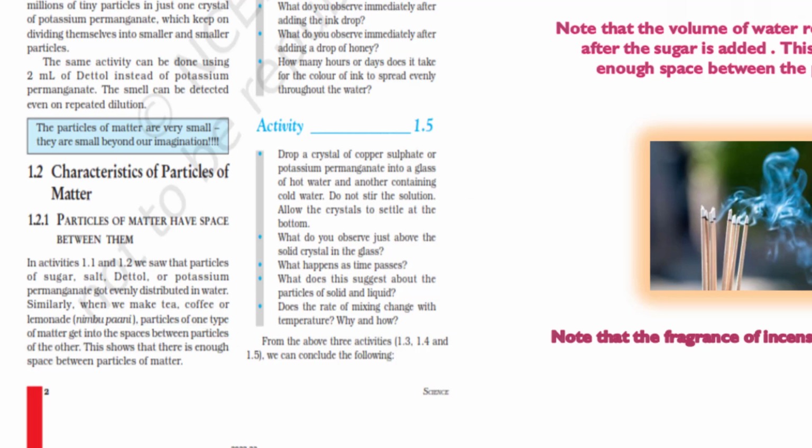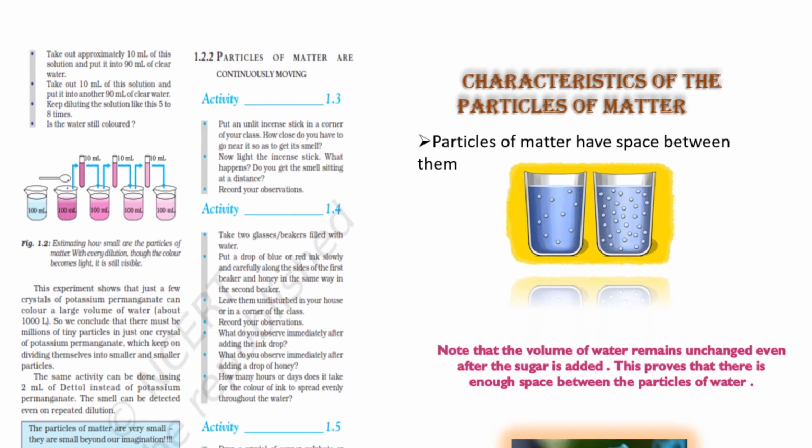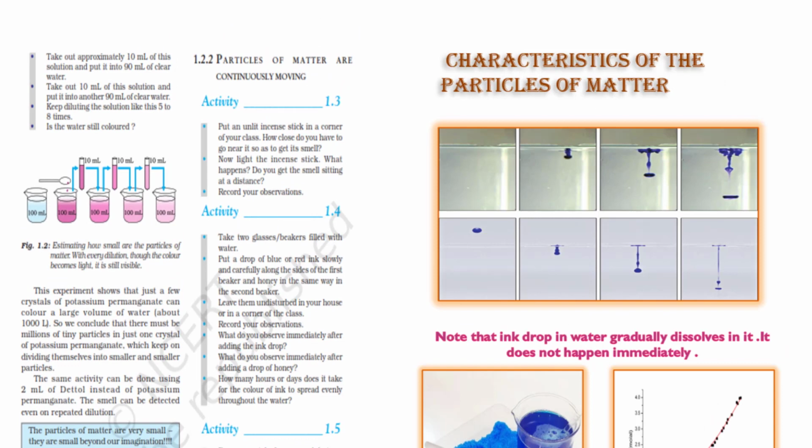Now let's come to activity 1.4. You take a beaker or a glass full of water and then pour a drop of red ink or blue ink in that. It is quite similar to activity 1.2 in which we had mixed a few crystals of potassium permanganate. In this, just the difference is you are mixing one liquid with another liquid.